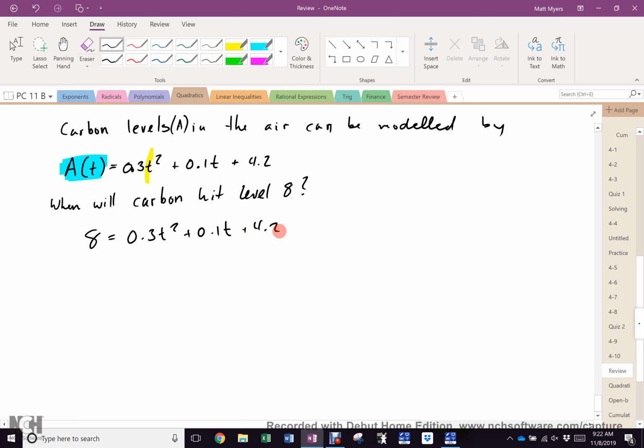And I want to know when this is the case, right? So I got to solve for T, yeah? Except what do I got to do with that 8? I got to move it over here. So now 0 equals 0.3 T squared plus 0.1 T minus 3.8, correct?